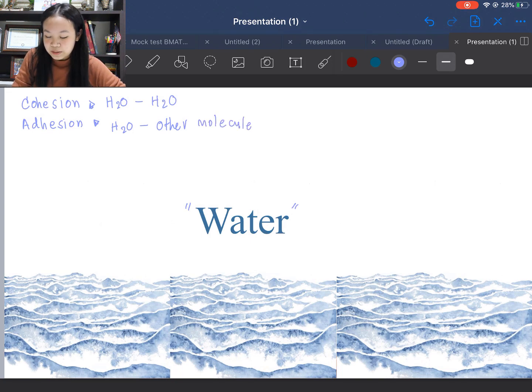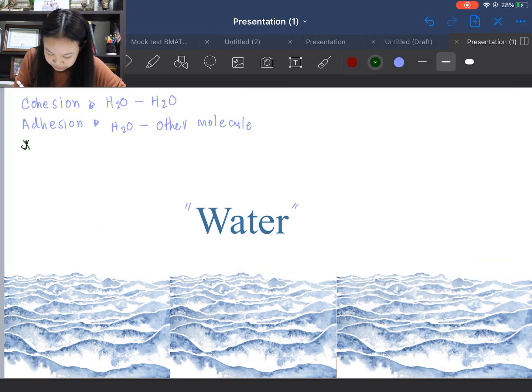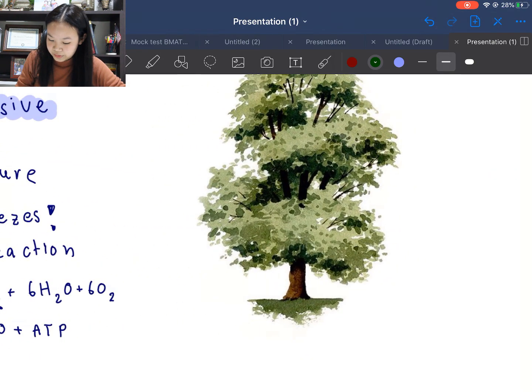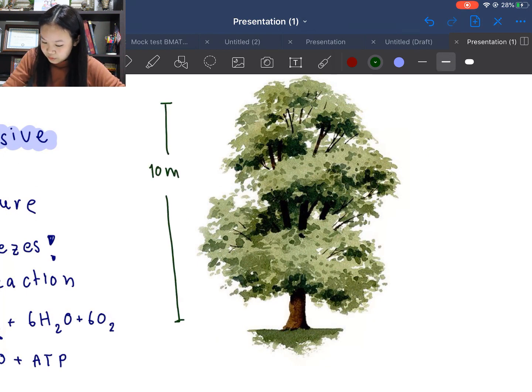And this is actually really important to what we call transpirational pull. And if you're thinking, what is transpirational pull? Don't worry, I'll go through it. So let's say we've got a tree, and this tree is like 10 meters high, which is really high compared to us, a small human standing right here, watering our plants.